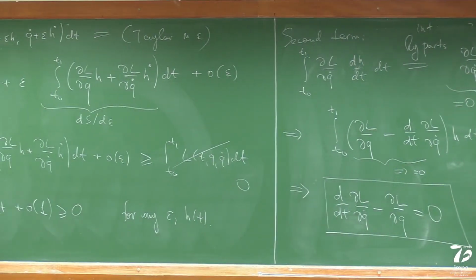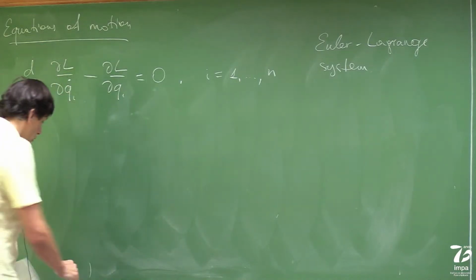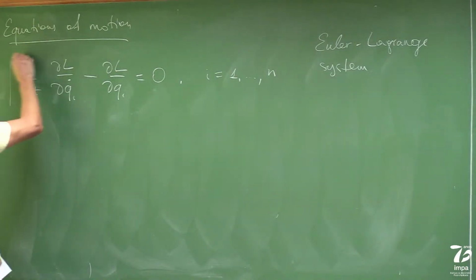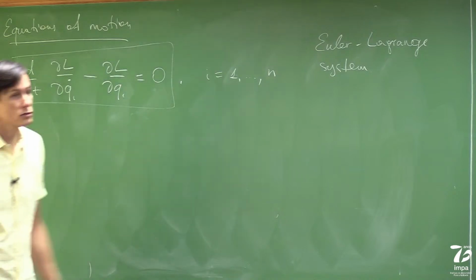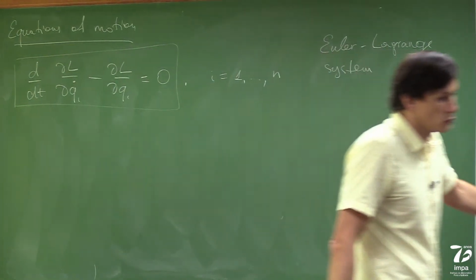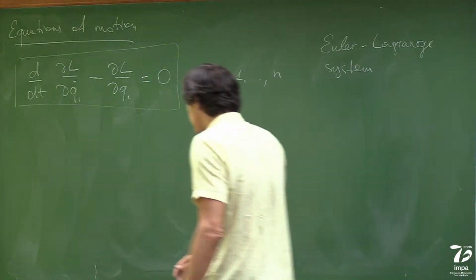So whenever you give me the function L, the Lagrangian function, I have an equation of motion, and I solve this equation of motion, which now defines the trajectory. This is just differential equations. We know that you give a differential equation, you give initial conditions. This is a system of differential equations.